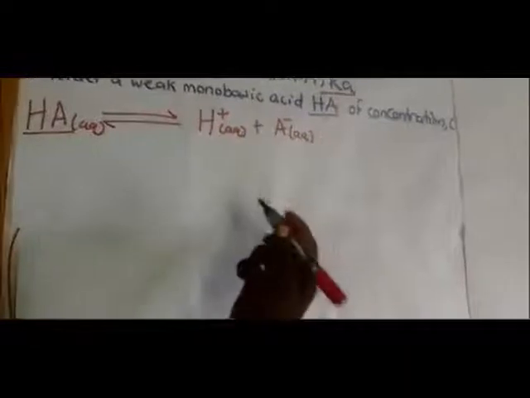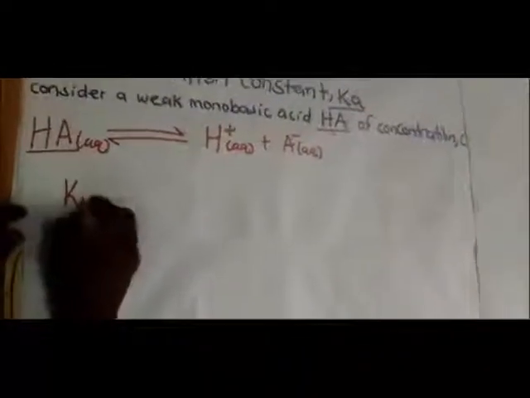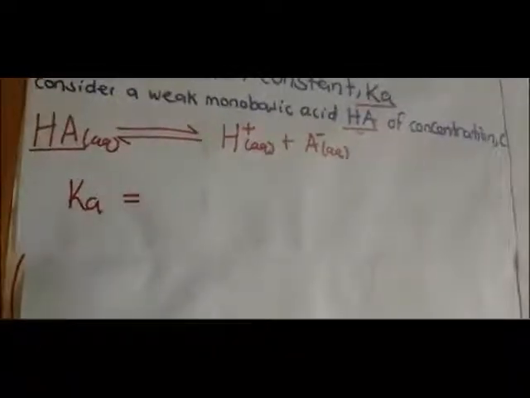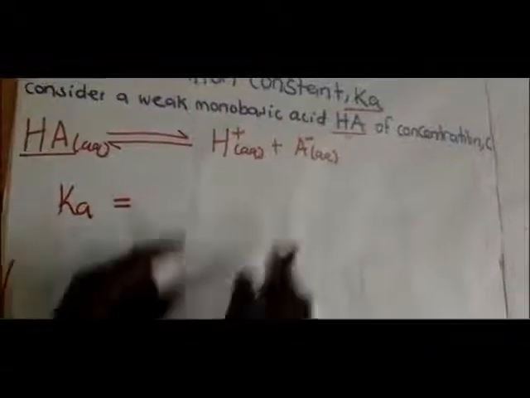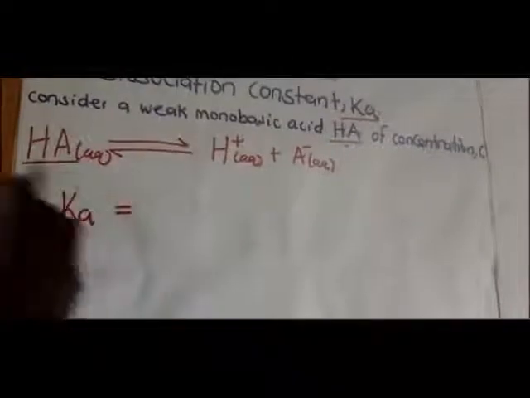So in here we are going to apply the law of mass action, and in this case our K is Ka. So we're going to say Ka equals, remember mass action is the product of the concentration of the products divided by the concentration of the reactants.